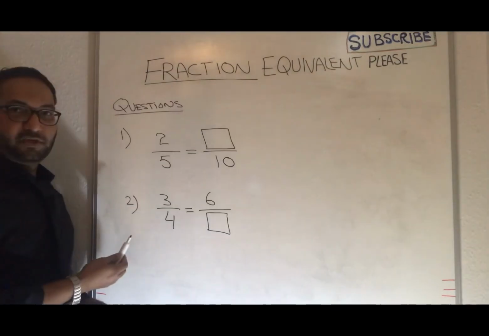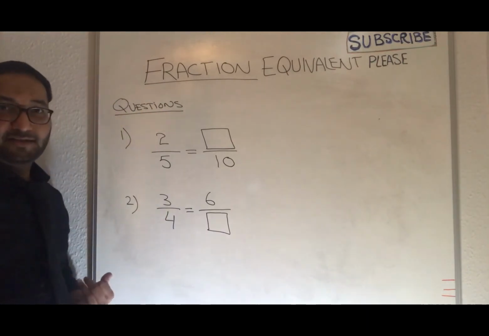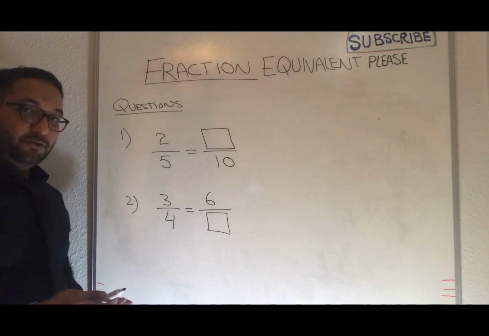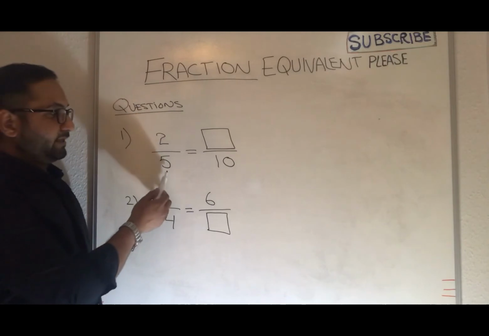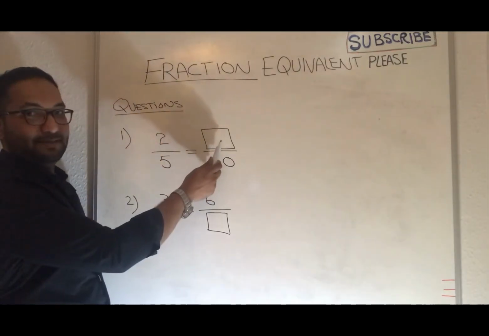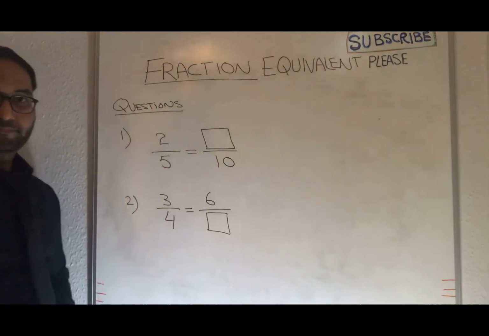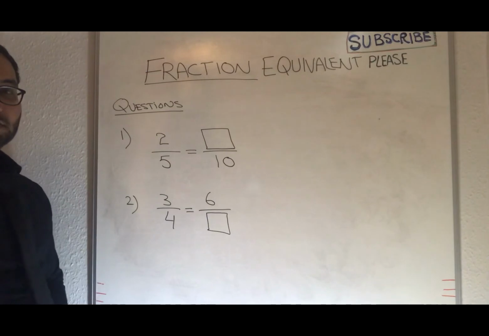So these are some questions. Now they are saying find the missing number. That's related to equivalent fractions. We need to check that we have a missing number in the numerator. But we can find the value from the bottom values. The bottom value shows 5.